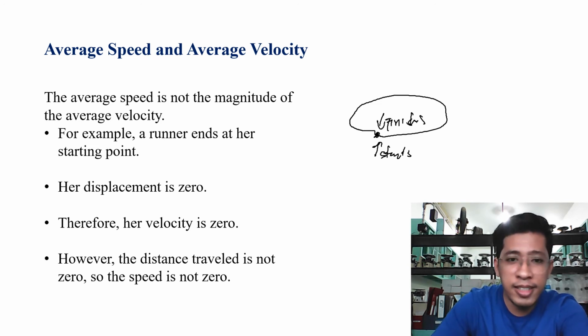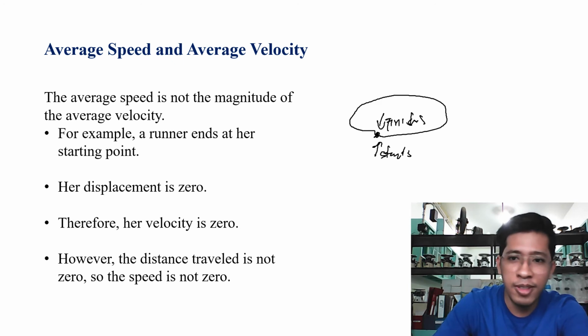In this case, her displacement is 0. Therefore, her velocity is also 0. Remember that velocity is a vector quantity. However, the distance traveled is not 0, so the speed is not 0.